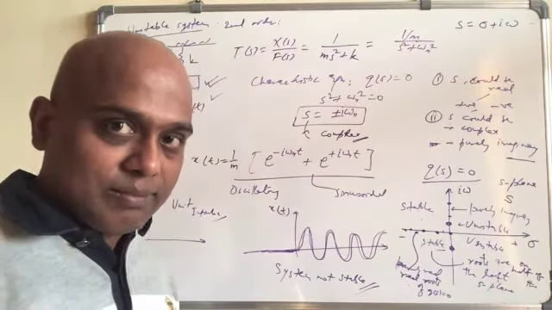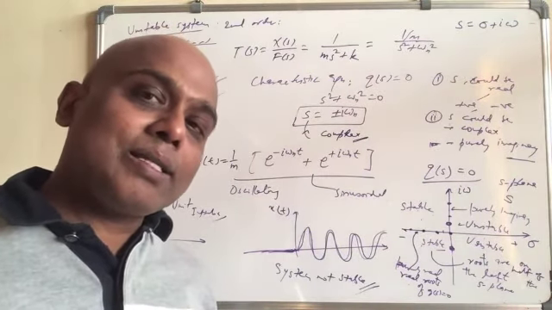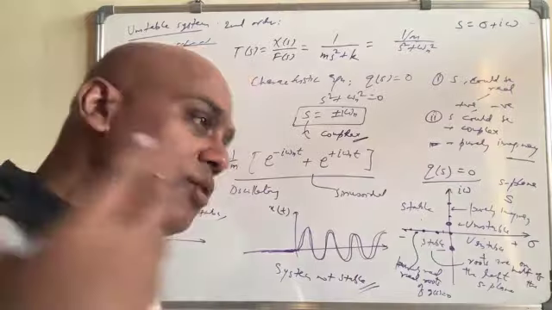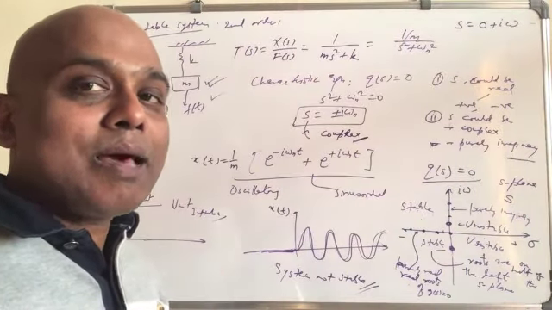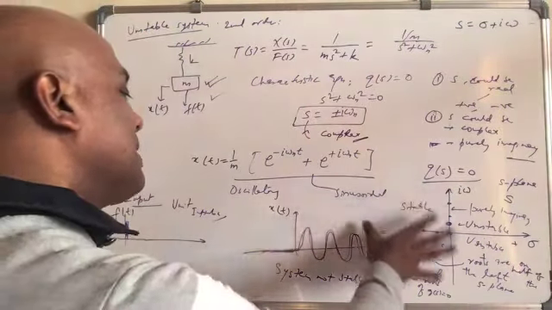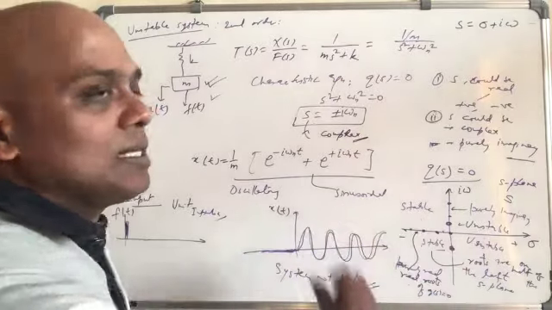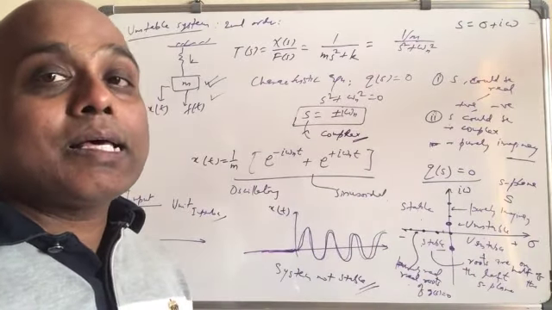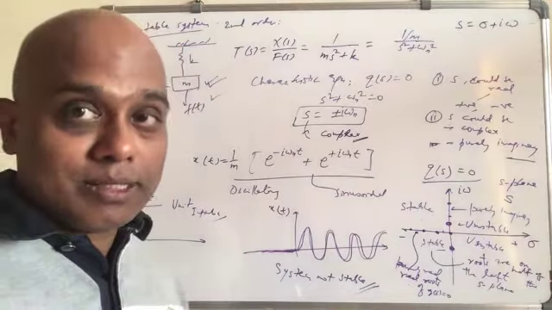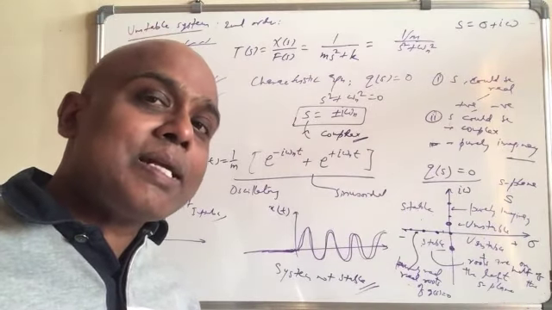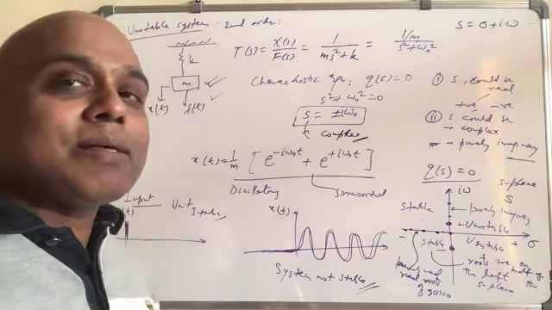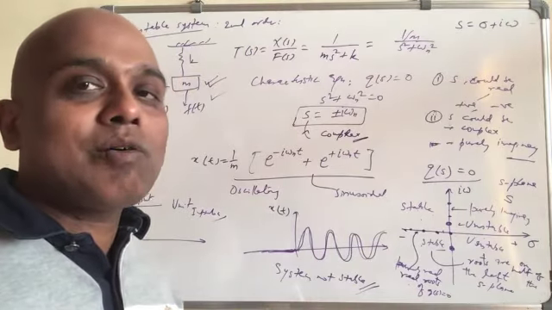As long as you make sure that the roots are on the left hand side of the S-plane, you will guarantee the stability of the system. And stability means that if there is some disturbance, it comes back to the original position.